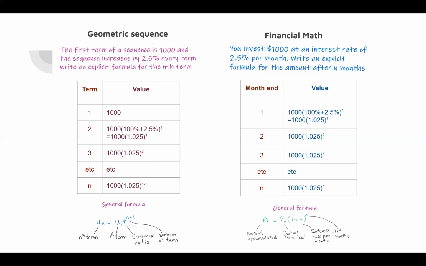Similarly, in the geometric sequence, the term 1 starts with the initial value, whereas in financial math, the term 1, which is really the month end 1, is what you have at the end of the month by applying that interest increase of 2.5%. And so these differences give rise to formulae that are different. And so one must be careful in applying the correct formula to solve a problem in financial math compared to a problem in geometric sequences.